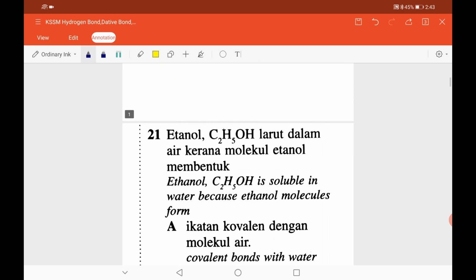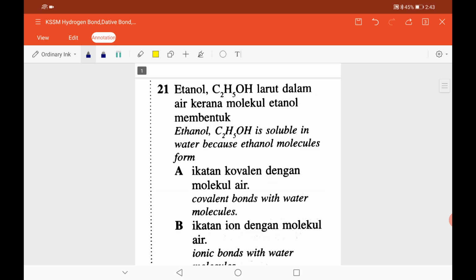Okay, next one. Ethanol is an alcohol. It is soluble in water. Remember, when a substance is soluble in water, it's because the substance forms bond with water. I repeat, the substance is soluble in water because it forms bond with water. What kind of bond can you form with water?